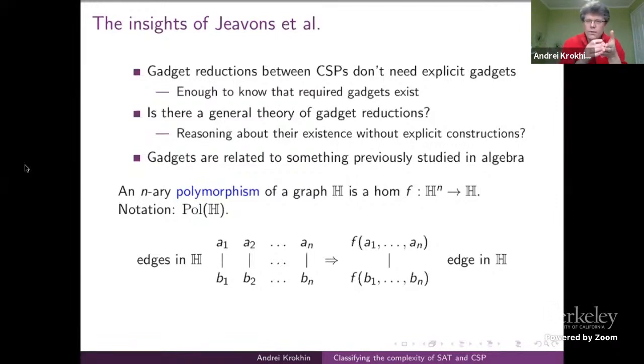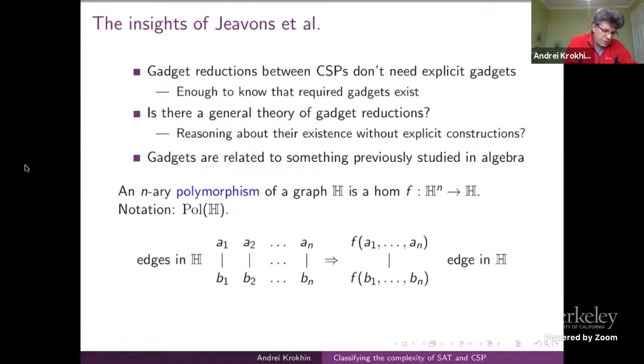It's simply a homomorphism from the graph to itself which is bijective. What's an endomorphism? It's just a homomorphism from the graph to itself, not necessarily bijective. So this is a generalization of endomorphisms or automorphisms to multivariable functions.